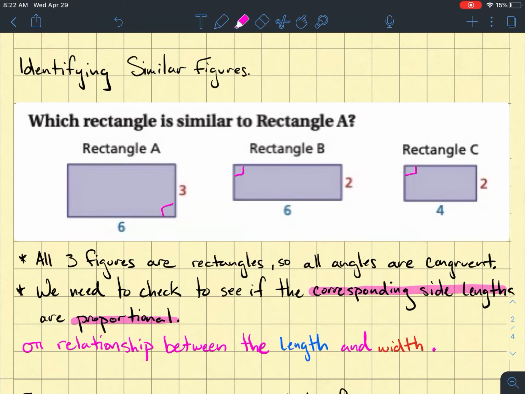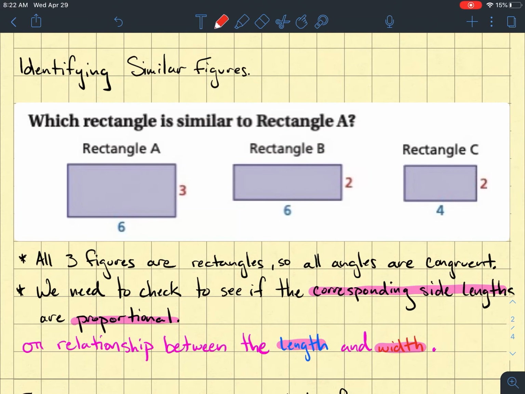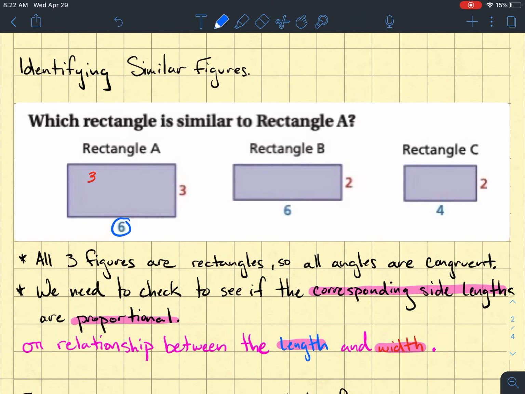So what are the corresponding side lengths? Well, we have lengths and widths, right? We want to see which ones are proportional to rectangle A. So let's put the width of rectangle A, which is what? 3. And what's the length of rectangle A? 6.